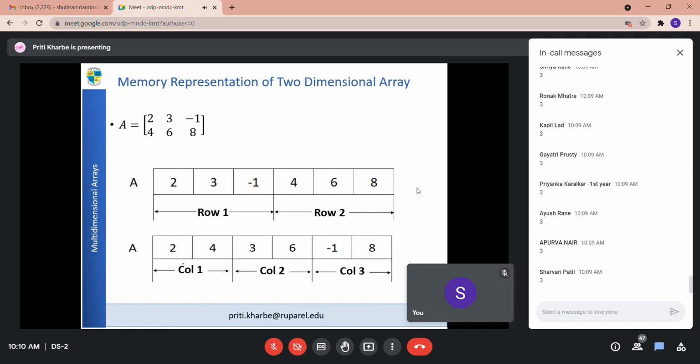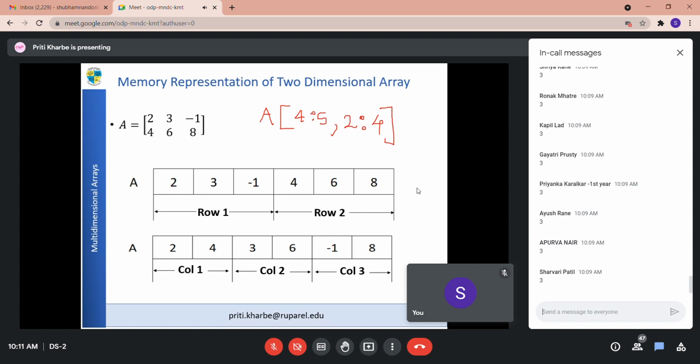For example, if I say A, 4 to 5 comma 2 to 4. What is meaning of this colon?